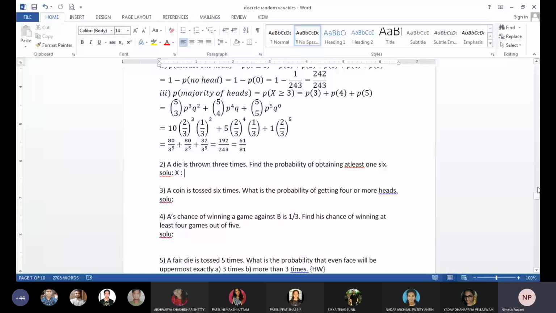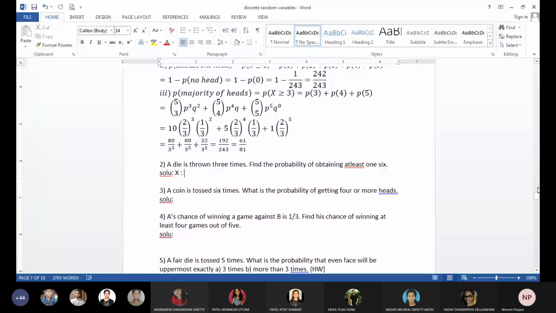One will be considered as a success, another one as a failure. If we are getting a 6, it will be considered as a success. If we are getting a number other than 6, it will be considered as a failure.